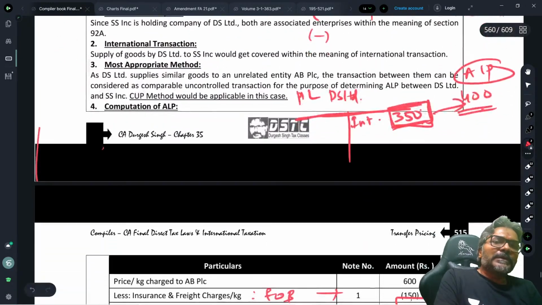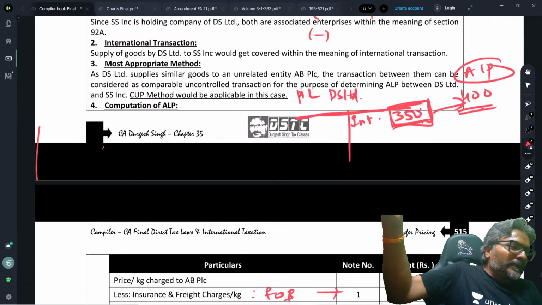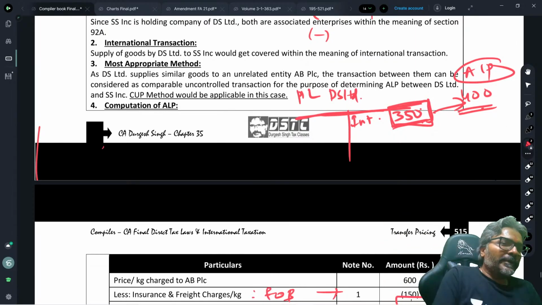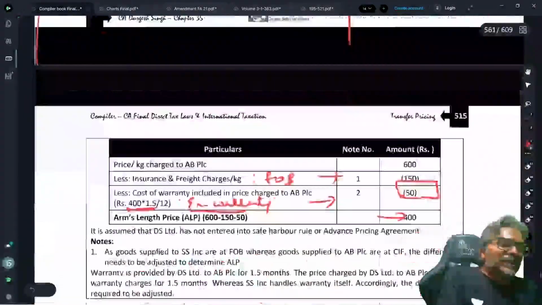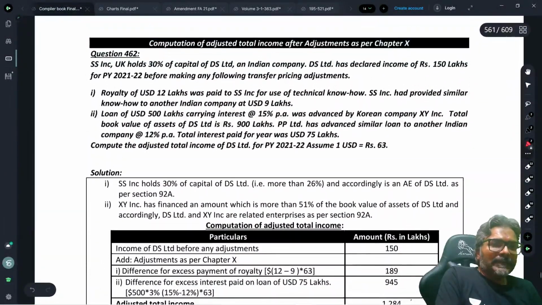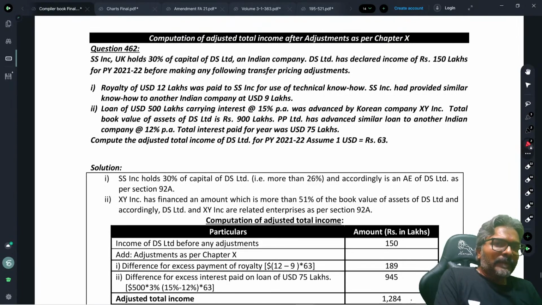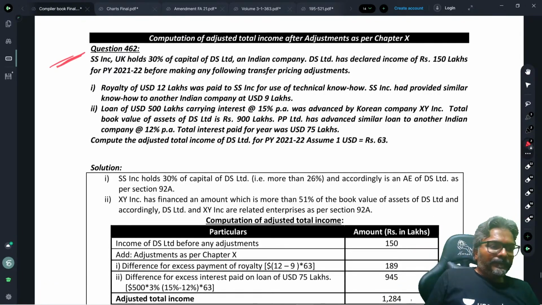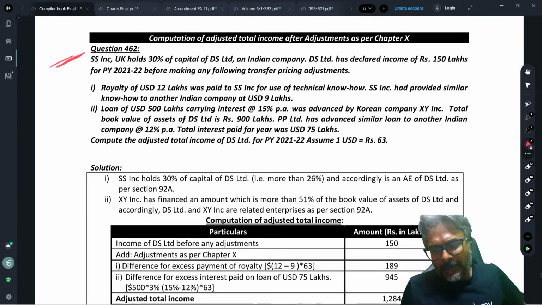Fine, because I have charged lower as compared to what is my ALP, which is at 400. So this is your CUP method, students. One more CUP method, students, we'll see, and then I'll take you to the resale price method.